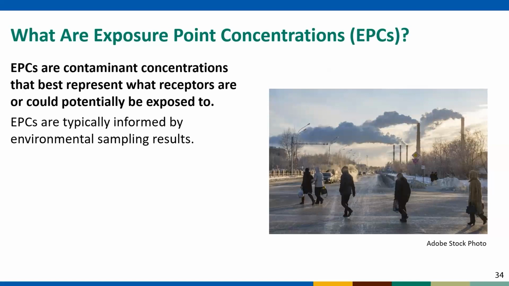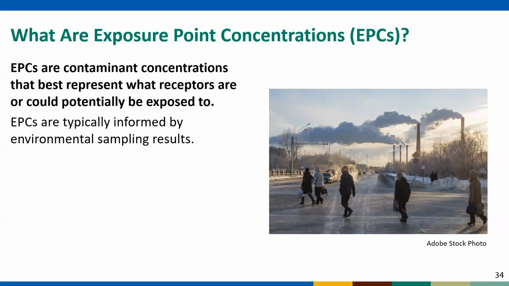In our work, EPCs are typically informed by environmental sampling results. Environmental samples provide important insights on contaminant levels of sites of interest, but those insights are never complete. We will never have contamination data, for example, for every single fish in a lake that people fish in, for every drop of water that people drink, or for every bit of air that people breathe.